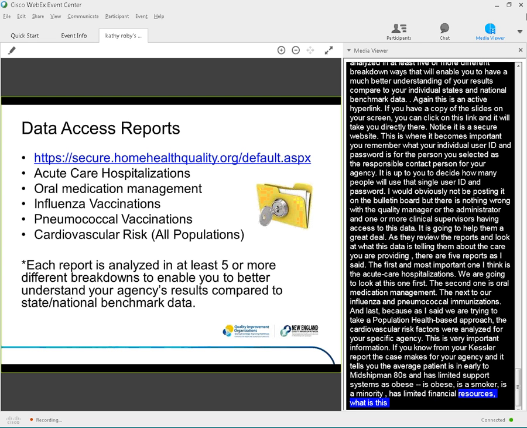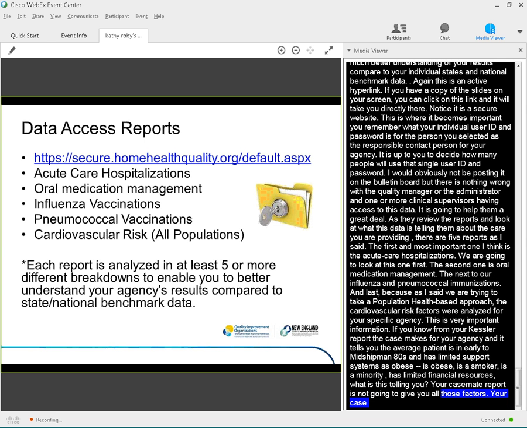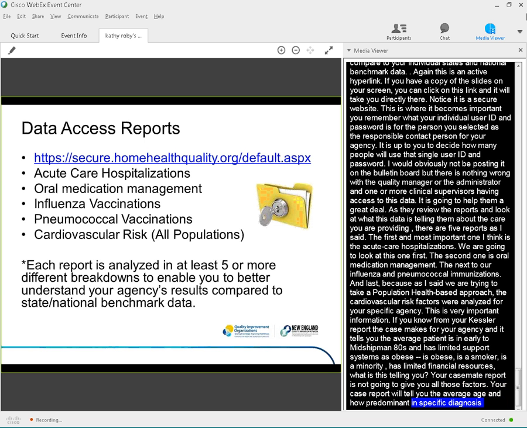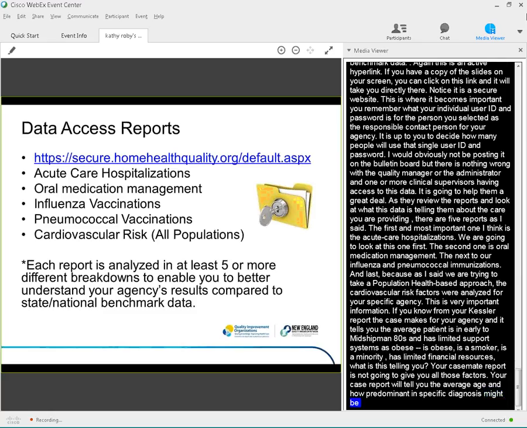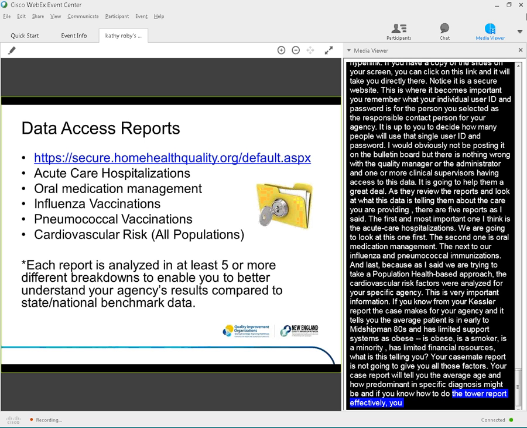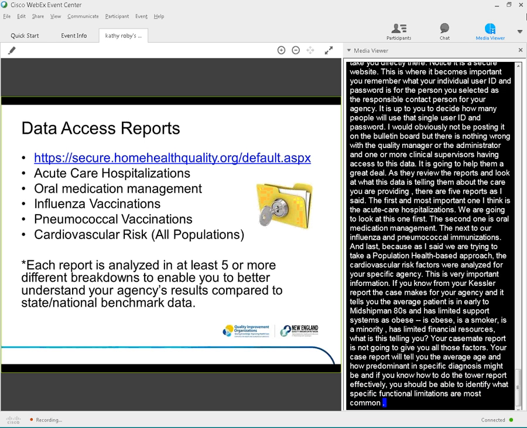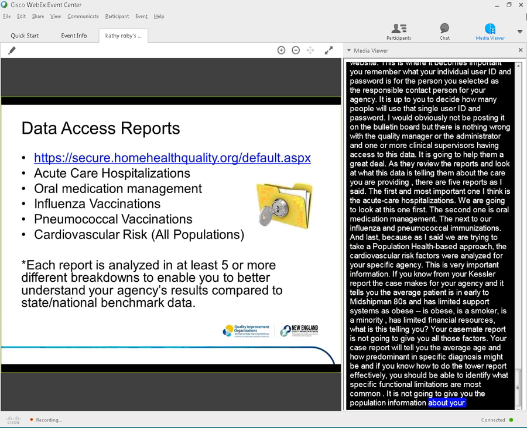Your case mix report will tell you the average age, how predominant a specific diagnosis might be. If you know how to do the tally reports effectively, you should be able to identify what specific functional limitations are most common. But it's not going to give you the population health information about your particular caseload. And that's where this particular report becomes very helpful to you.